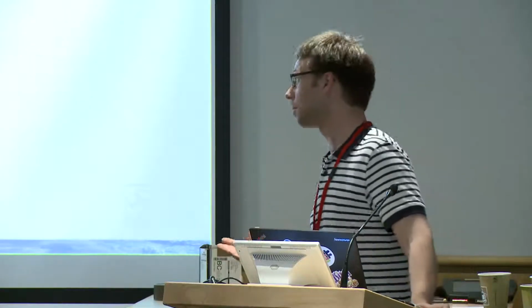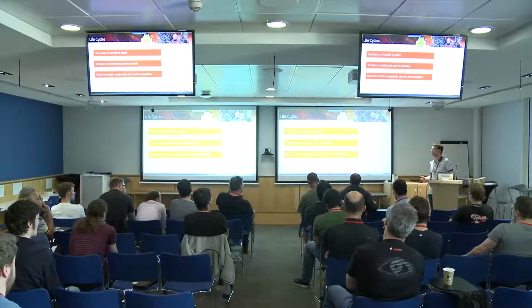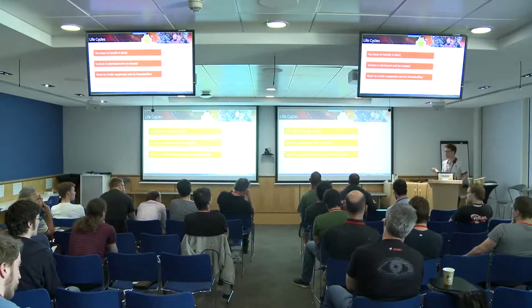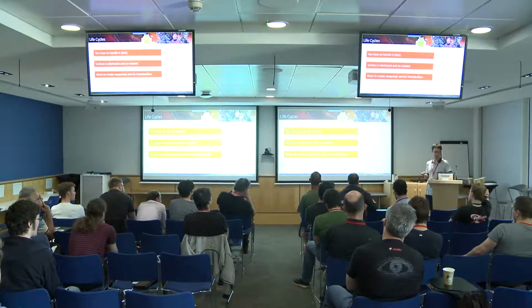So what we found out was that your surface is destroyed in that case, and it is also being recreated. And for Vulkan, that means that you are going to have to recreate your swap chain and all of its frame buffers. But what you cannot do in this case is that when you call vkCreateSwapchainKHR, you cannot supply the old swap chain into this function, because that swap chain is already invalid because its surface has been destroyed earlier.